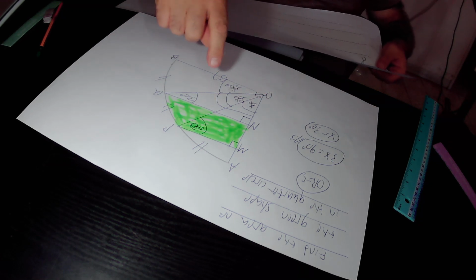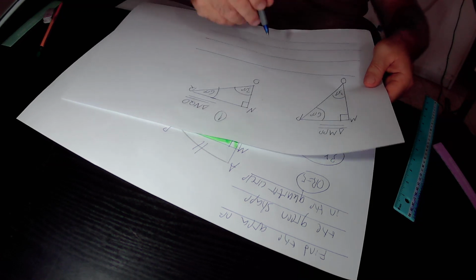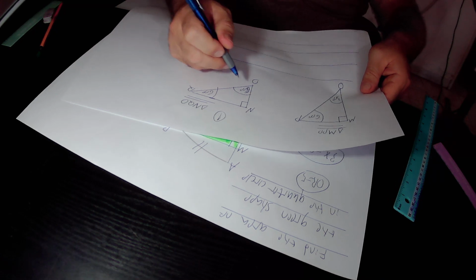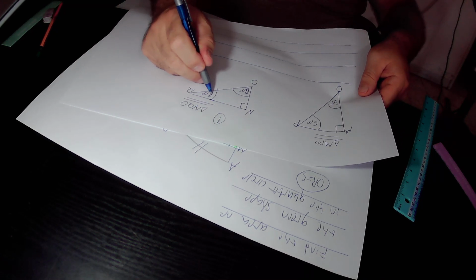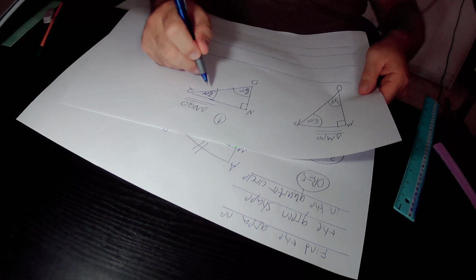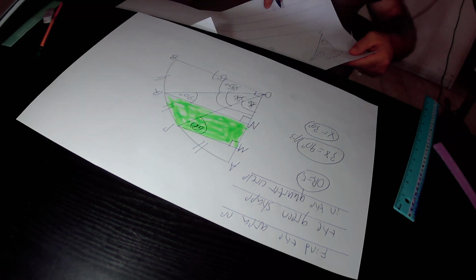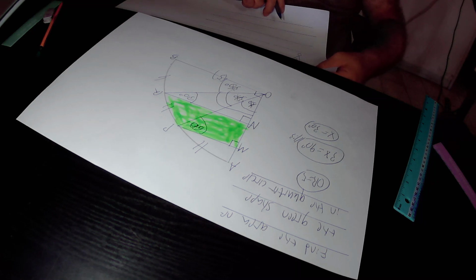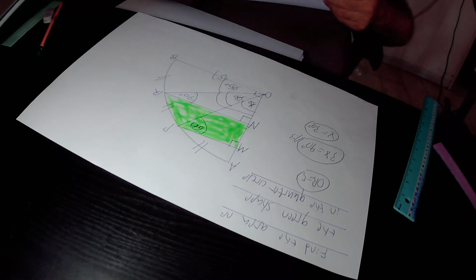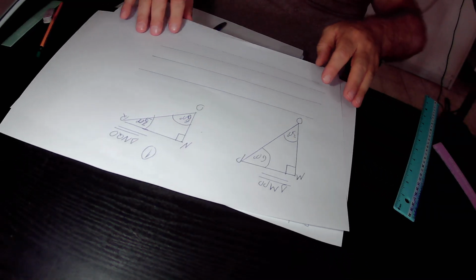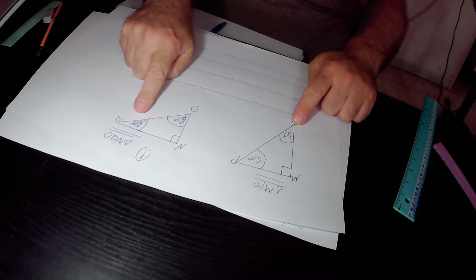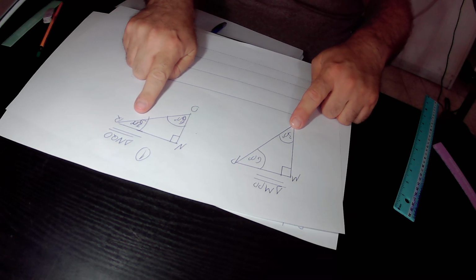Angle NOQ equals 60 degrees, and therefore this angle NQO equals 30 degrees in its size. So, repeat again. Those two angles are both equal to 30 degrees and therefore they are equal to each other.